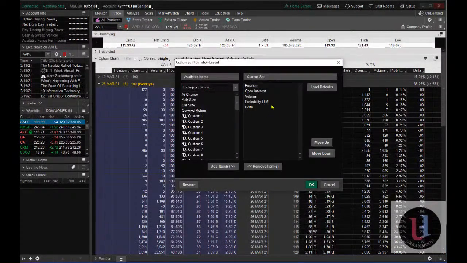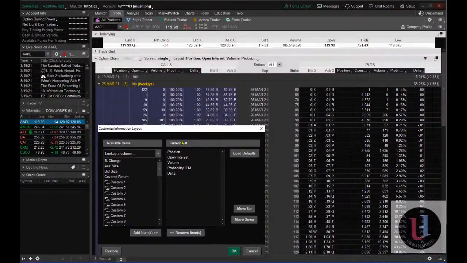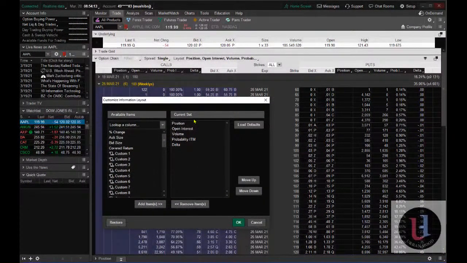In my case, you can see that I have position, open interest, volume, probability, ITM, which is in the money, and delta. These are the columns that I wanted to keep an eye on. But if I want to add a little more, like percent change, I can add percent change.